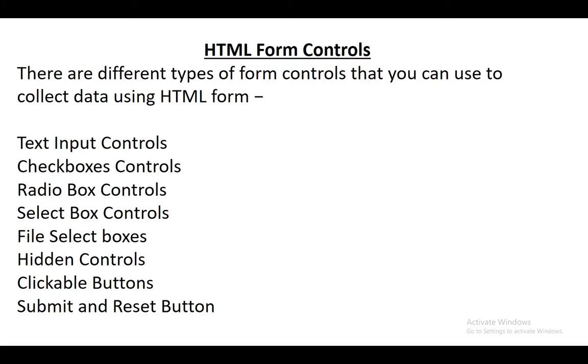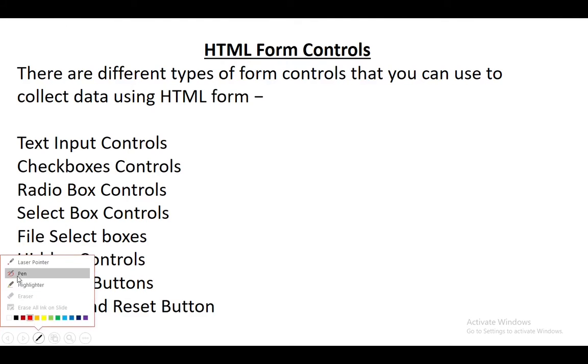But there are some that you always use anytime you're creating a form, like text input control, which you can use when you want to collect first name and last name. The checkbox control or radio box control can be used if you want to differentiate between genders, or you have a list of questions you need to ask. You can use either the checkbox or the radio box for it.